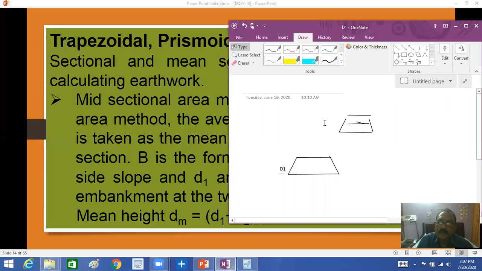Here is D2, right? So these differences, D1 plus D2 by 2, here you have to take care of this one.